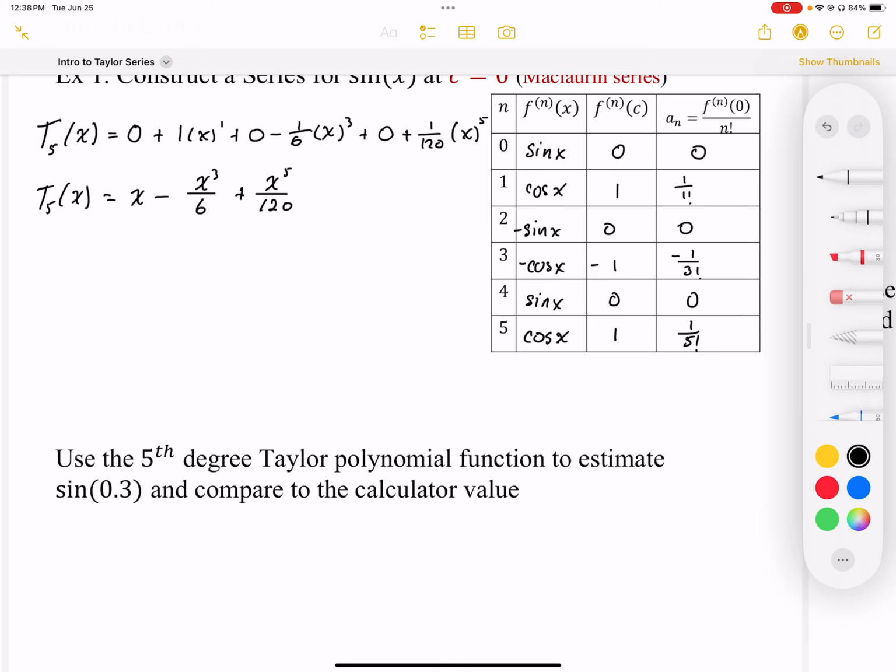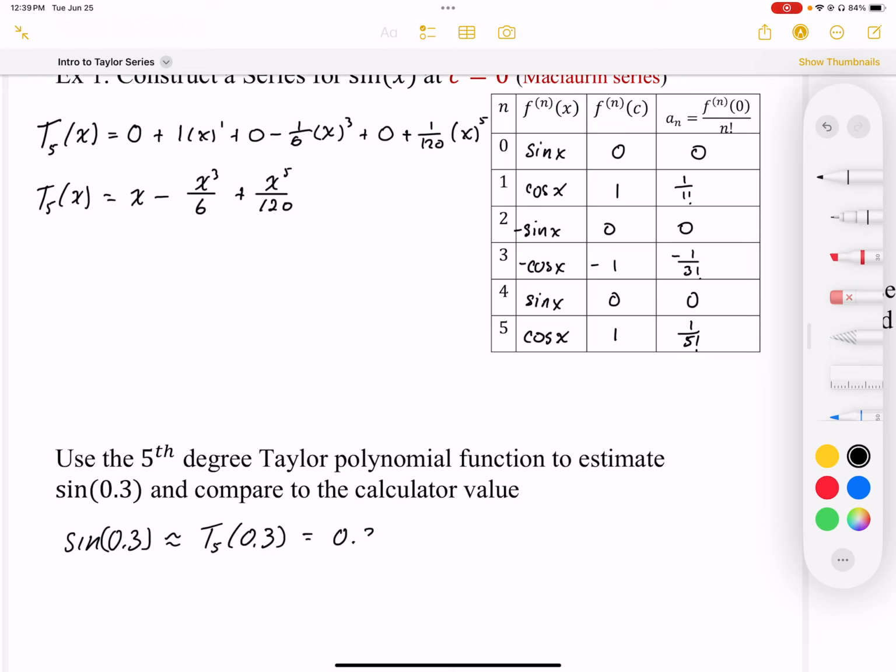So when I plug this into the Taylor polynomial, I'm going to maybe write it like this. So sine of 0.3 is going to be estimated by this Taylor polynomial at 0.3.